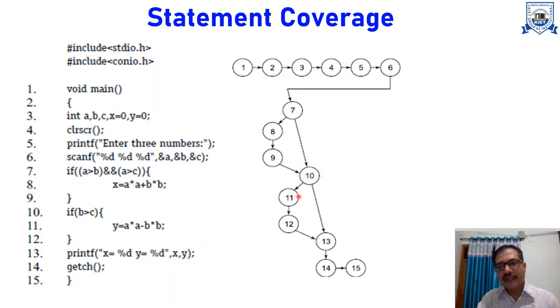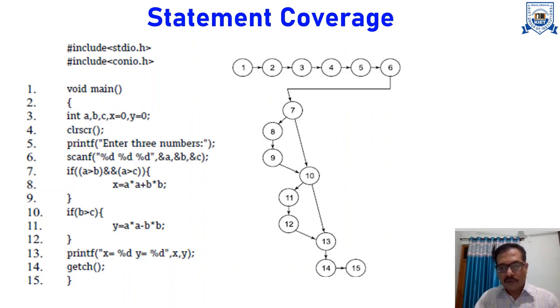So line number 11, line number 12, then line number 13, then line number 14, and then line number 15 gets executed. That means with this test case, I am able to execute all the lines of my program from 1 to 15. I am not going to miss a single statement in my program.